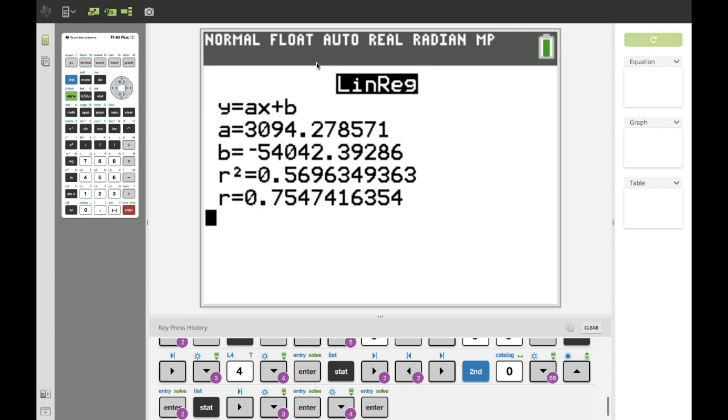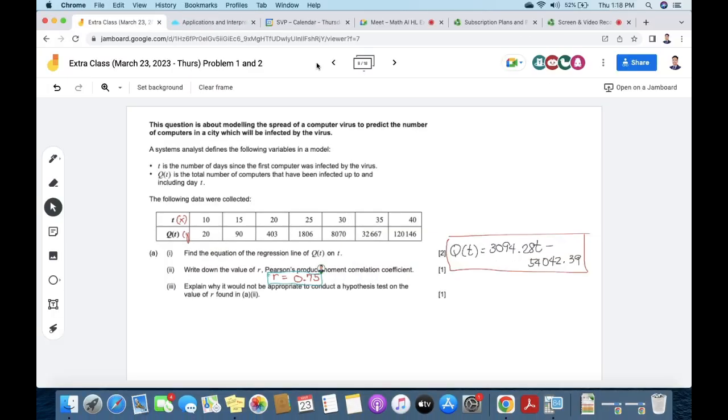If not, you can ask for questions, you can ask for help and assistance. Okay, so we now have r equal to 0.75.